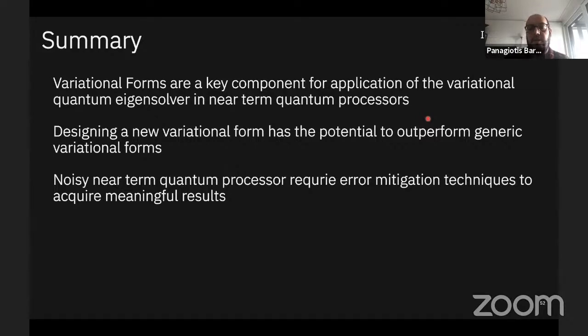Designing a new variational form has the potential to outperform the generic variational forms that I described before, but this may lead to solutions with really high circuit depth or very complicated structures. Finally, noisy near-term quantum processors require error mitigation techniques to acquire meaningful results. This is something that needs to be pursued further, and there is quite some literature around it.